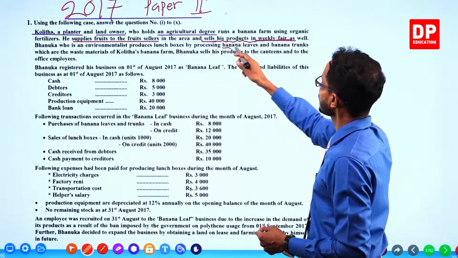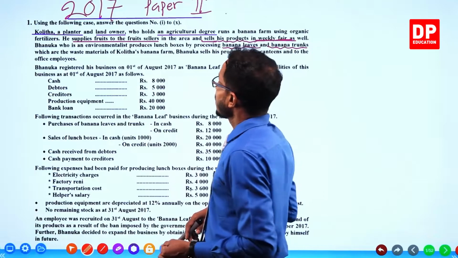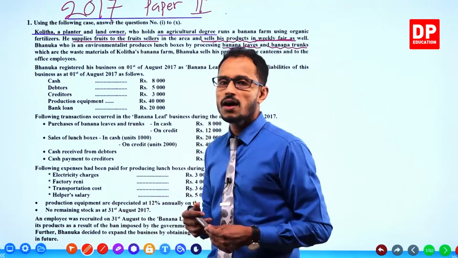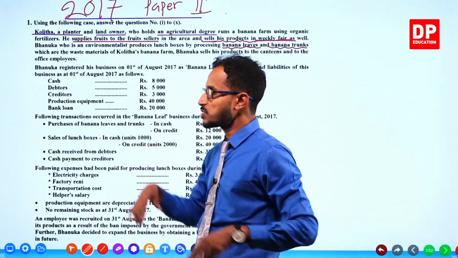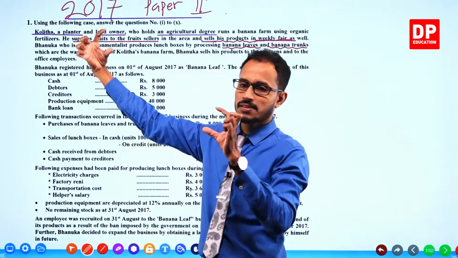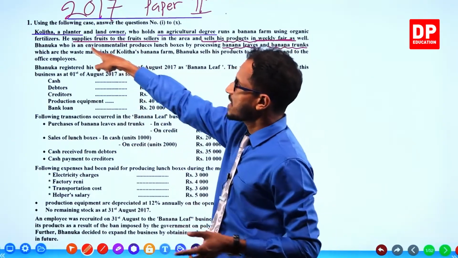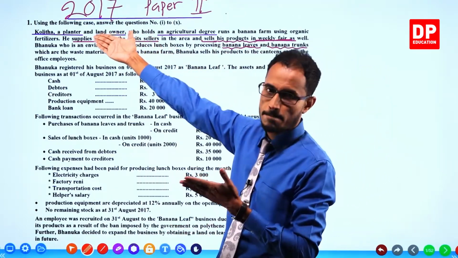Okay, raw materials taken from Kolita's banana farm. That's where the two incidents connect. Right? Bhanuka is taking banana leaves and banana trunks from Kolita's banana farm.